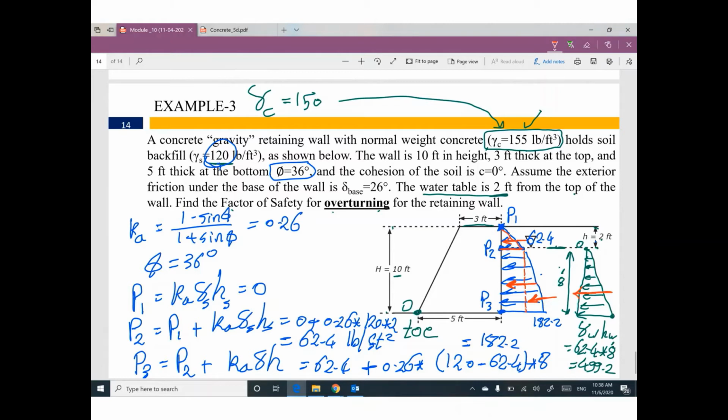This value of force will be 1996.8. This little force will be 0.5 times 62.4 times 2, which is 62.4. This rectangle will be 62.4 times 8, 499.2. This little triangle will be 479.2.